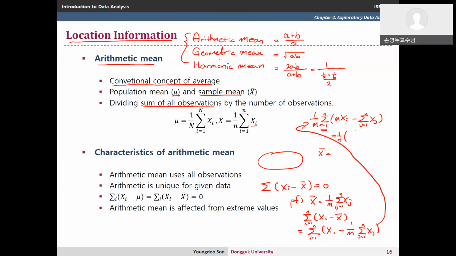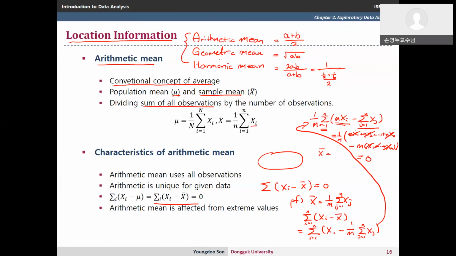The first term in the summation becomes n x1 plus n x2 plus n xn, and the next term is minus n multiplied by x1 plus xn, okay? So all terms are already cancelled, so it will be 0. So this one will be 0.